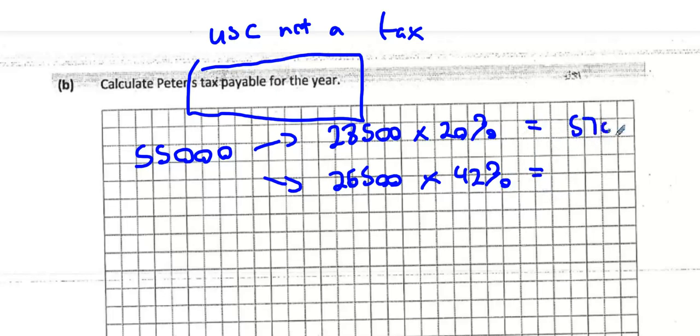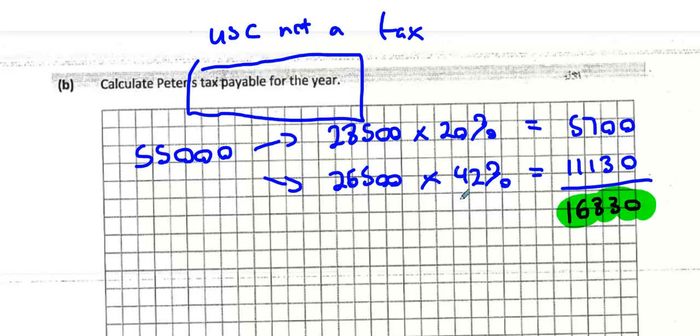5,700, 11,130 added together. Yeah. 16,830. Lads, what's this known as? What word is this known as?